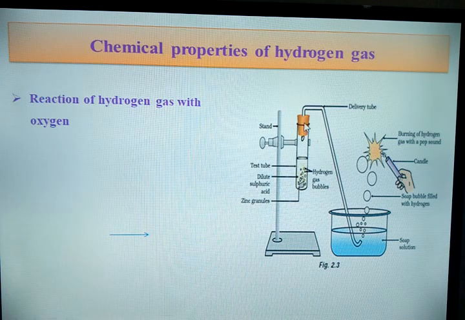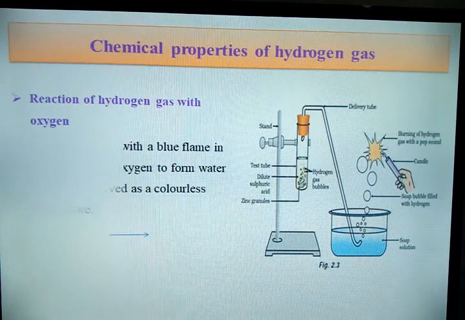The hydrogen produced is directed into a water trough, and because hydrogen is insoluble in water, it's going to rise up as bubbles. When you hold a burning splint near those bubbles as they rise up, the hydrogen will burn in oxygen with a blue flame and a pop sound to produce water.